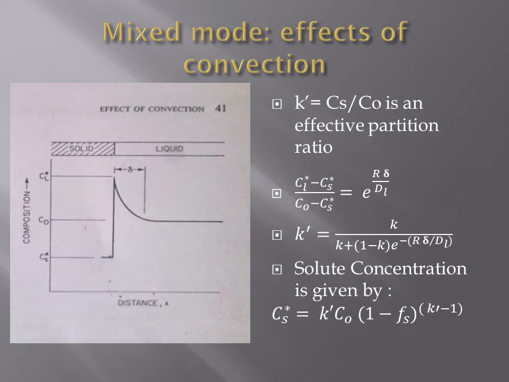The relationship K prime equal to K upon K plus (1 minus K) e to the power minus R delta by DL is of considerable engineering usefulness because it relates the composition of the solid forming in the crystal growth to alloy composition and growth condition. The solute concentration is given by the following equation: Cs star equal to K prime C0 (1 minus Fs) to the power K prime minus 1.